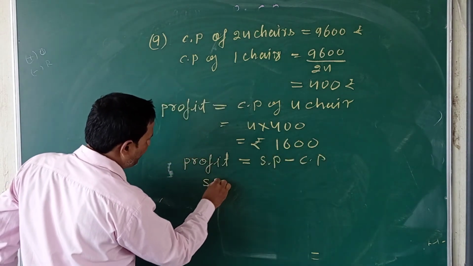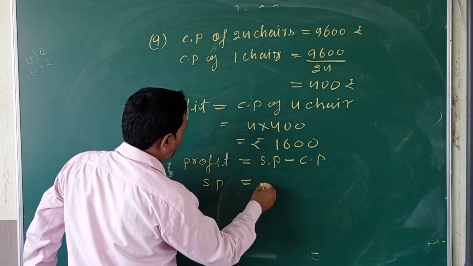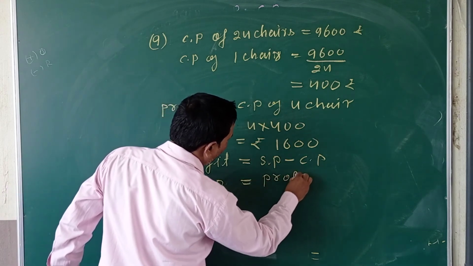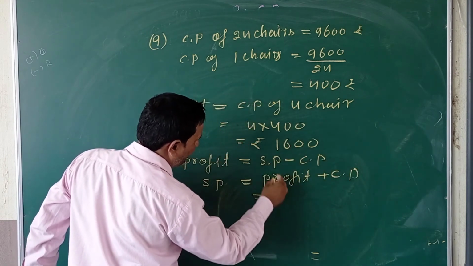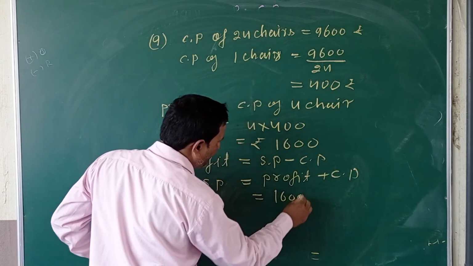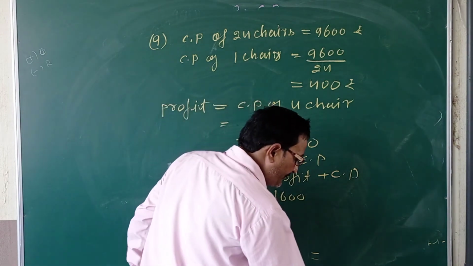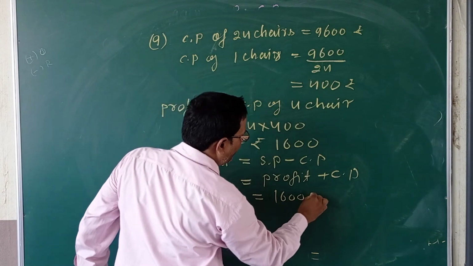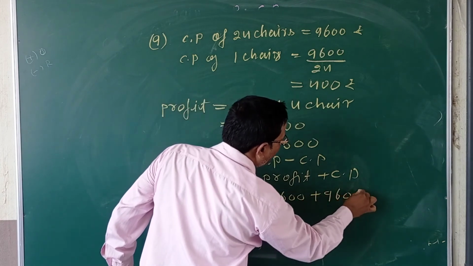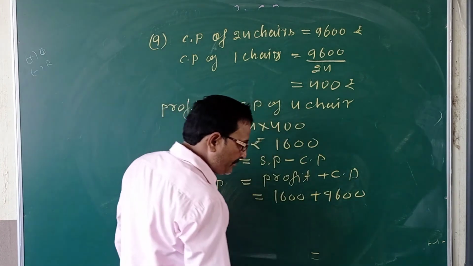Then SP is equal to profit plus CP. Profit you have already calculated, 1600 rupees, and CP is already given, 9600 rupees.